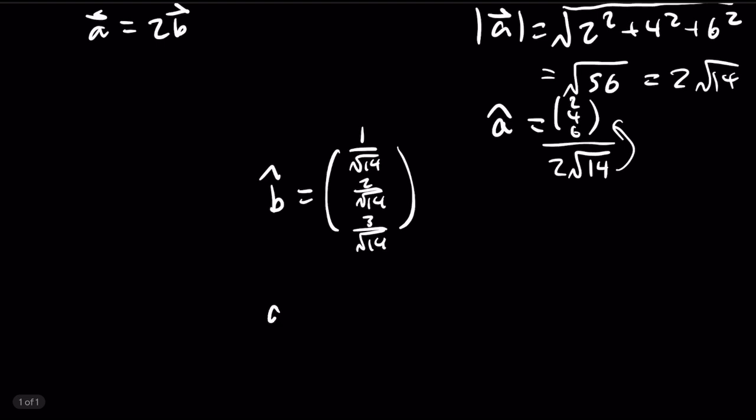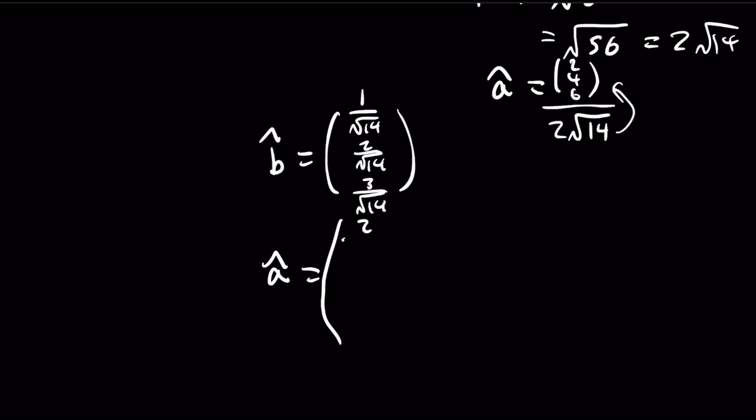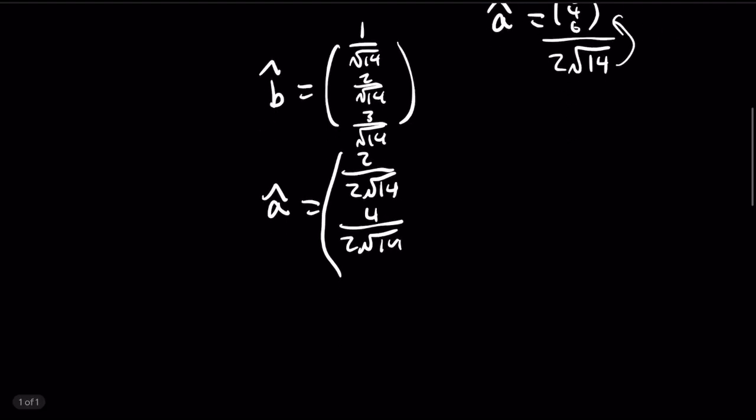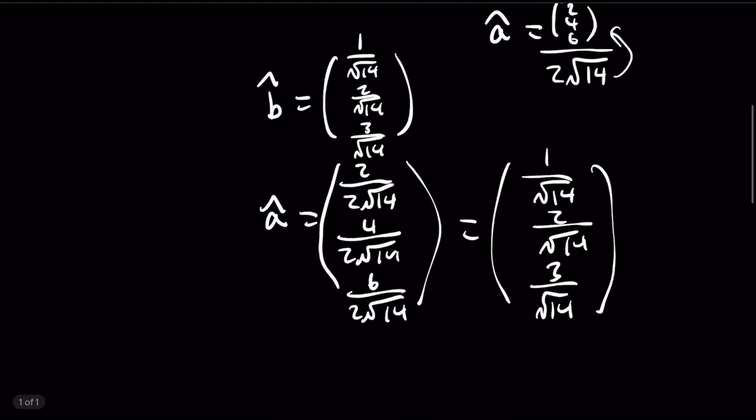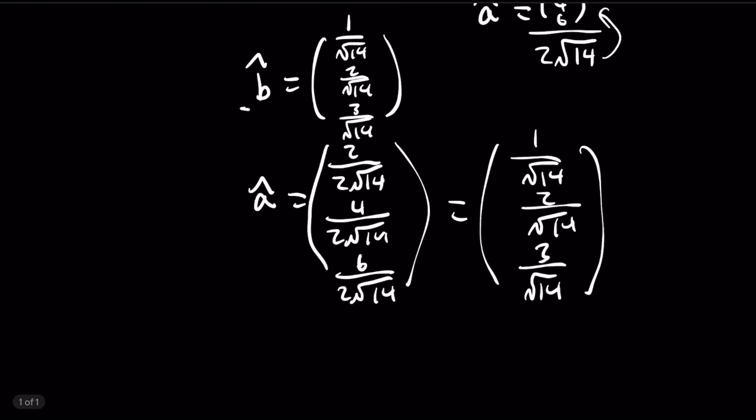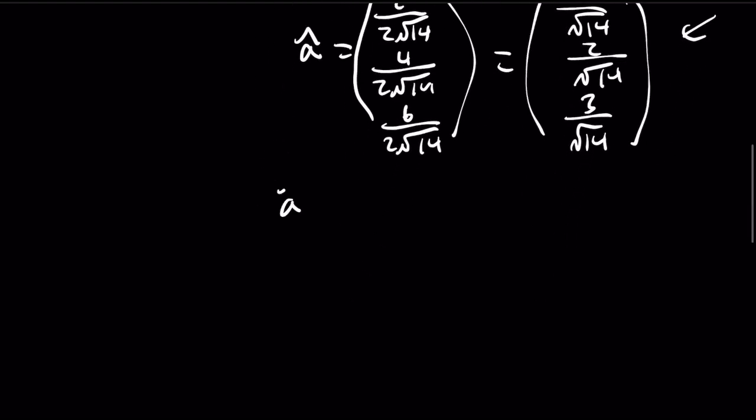And the unit vector of a will be 2 divided by 2 root 14, 4 divided by 2 root 14, and 6 divided by 2 root 14. And this simplifies down to 1 divided by root 14, 2 divided by root 14, and 3 divided by root 14. So we can see that the unit vector of b is actually equal to the unit vector of a.